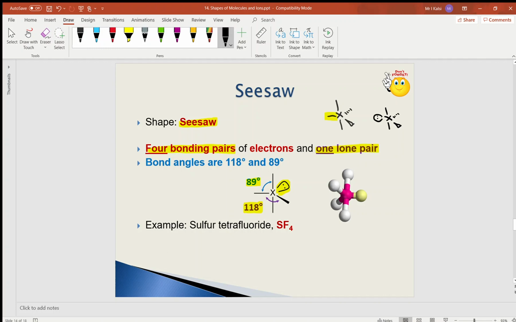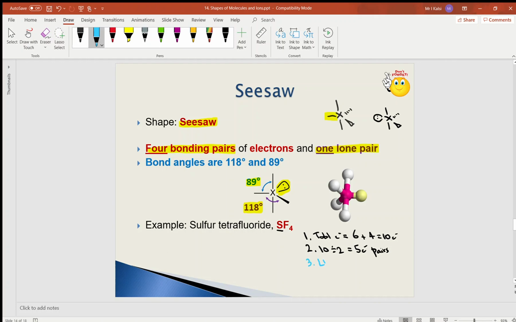So sulfur tetrafluoride, we're going to start by working out the total electrons. So total electrons equals the group number of the central atom, sulfur, group 6, plus the atoms around it, 4. That gives us 10 electrons. It's not an ion, so we take 10, divide it by 2, and we get 5 electron pairs. We then need to work out the number of lone pairs.